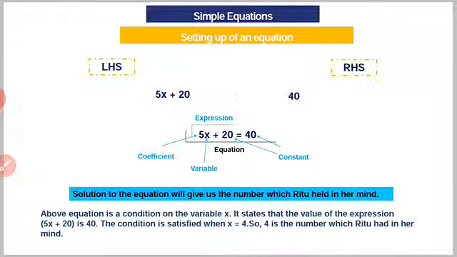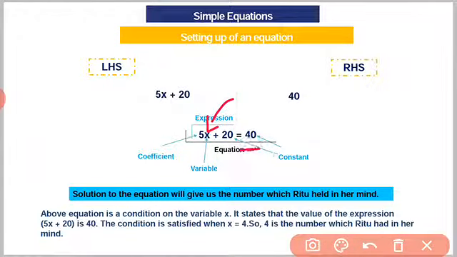It states that the value of expression 5x plus 20 is 40. So for what value of x will this LHS and RHS be equal? Yes, for the value of x equal to 4, this equation will be satisfied. Means LHS will become equal to RHS.